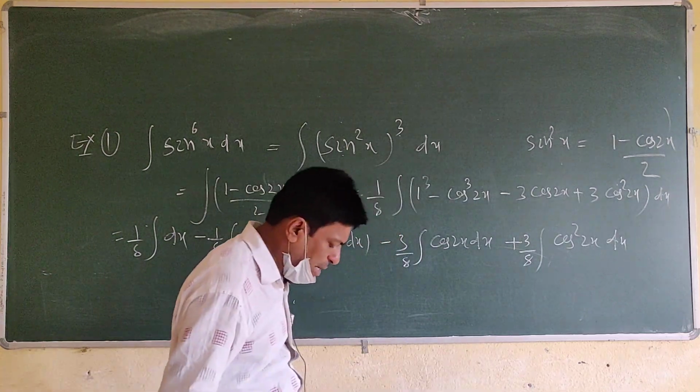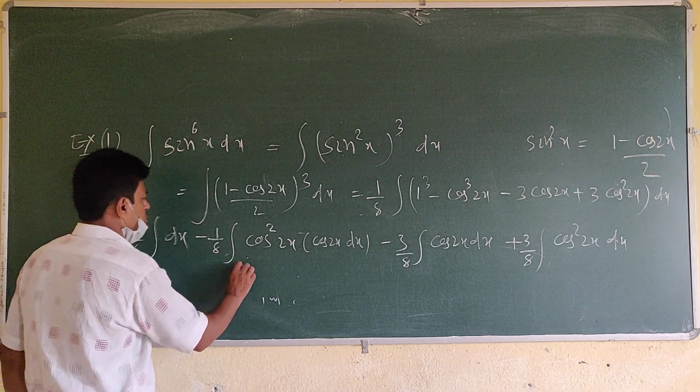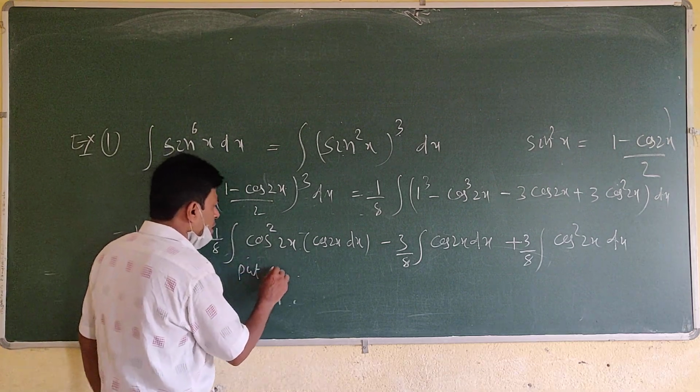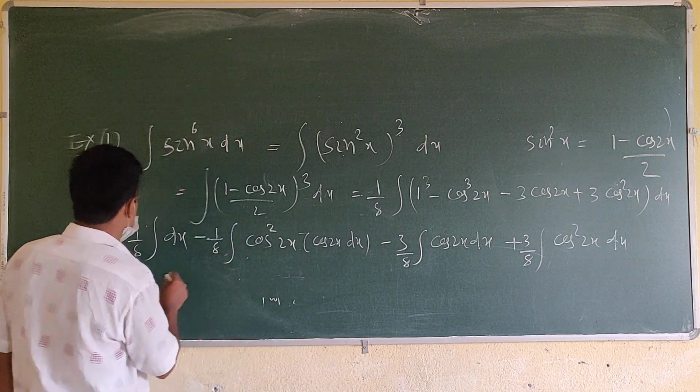You can solve this part by parts. Put cos square 2x equal to 1 minus sin square 2x.